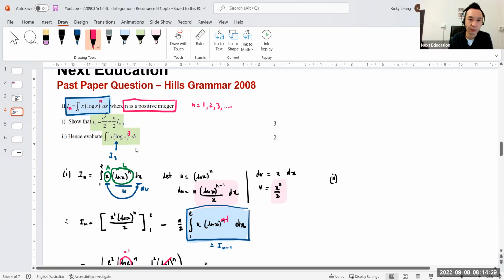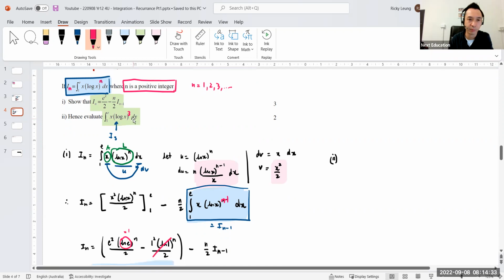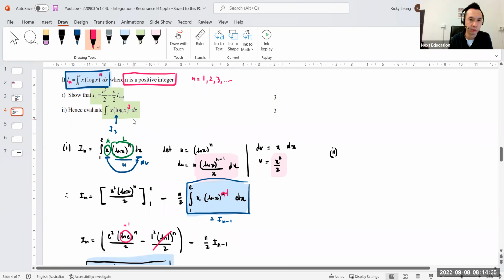Okay, positive integer. I was hoping I could use 0. The answer says I can use 0. I think the question incorrectly said positive integer; I think n can be 0 in this case, because I'm looking at the answers and it definitely does say so. Let's not try to work harder than we should for this.